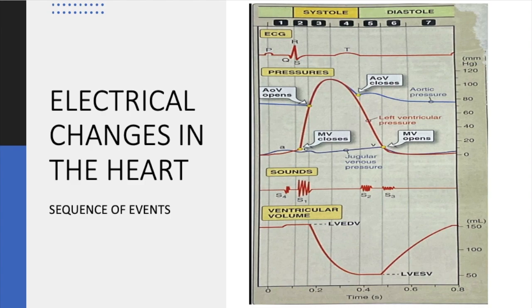The body tissues and fluids conduct electricity well. So the electrical activity in the heart can be recorded on the skin surface using electrodes which are positioned on the limbs and on the chest, and this recording is called an electrocardiogram.